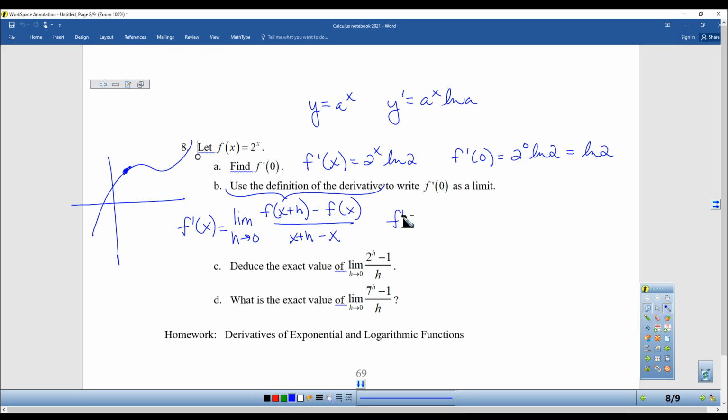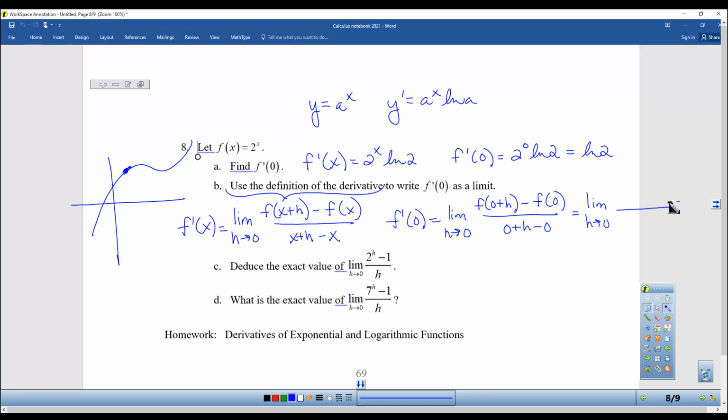So f prime of 0 is equal to the limit as h approaches 0 of f of 0 plus h minus f of 0 all over 0 plus h minus 0. So this simplifies to f of h.